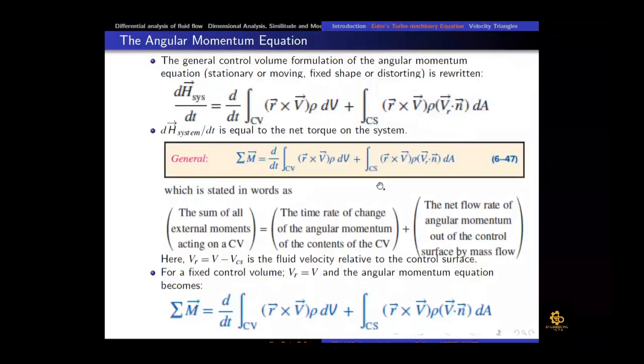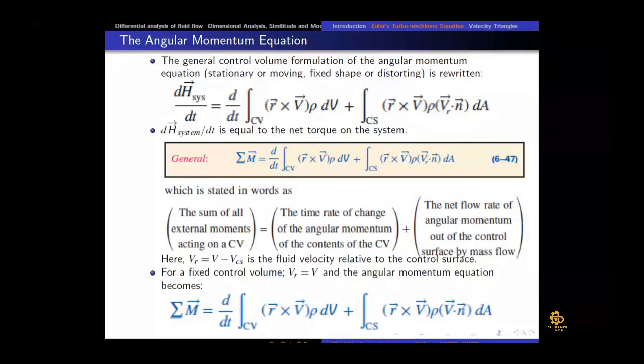Right. And then I also told you that VR is the relative velocity between the control surface and the fluid velocity. So here V is the fluid velocity, and VCS is the control surface velocity when we talk about a moving control volume, or a deforming control volume, which is a concept you must have learned maybe in chapter number 5.